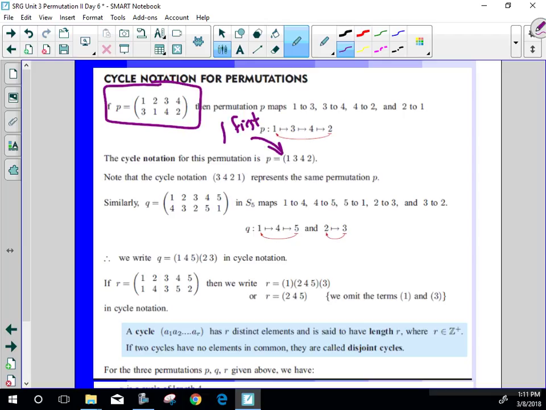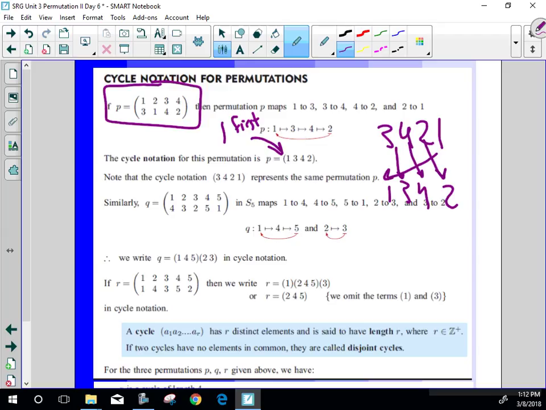So if you had 3, 4, 2, 1, you would just put the 1 first, then 3, then 4, and then 2. Does that make sense? You just want the 1 to be first.